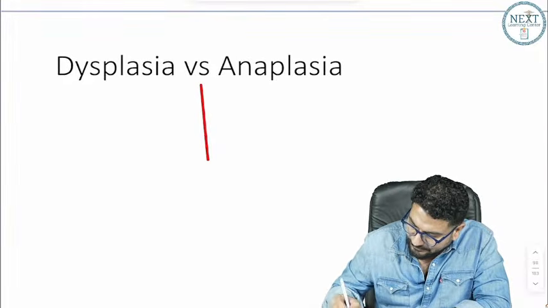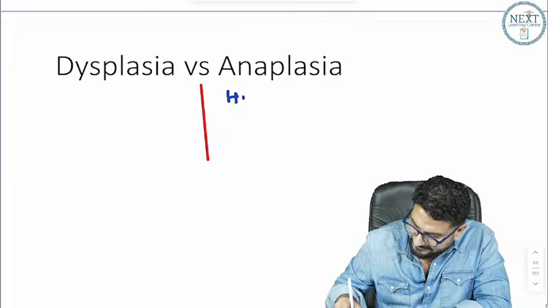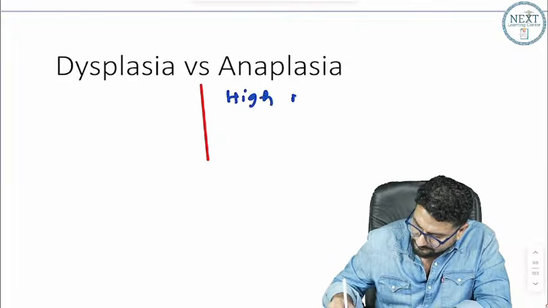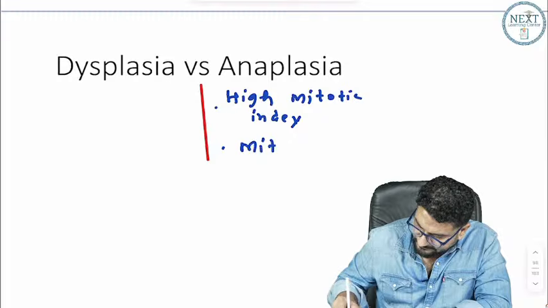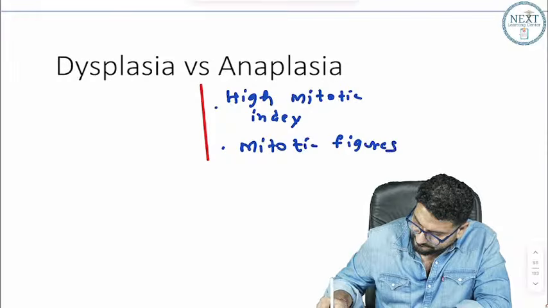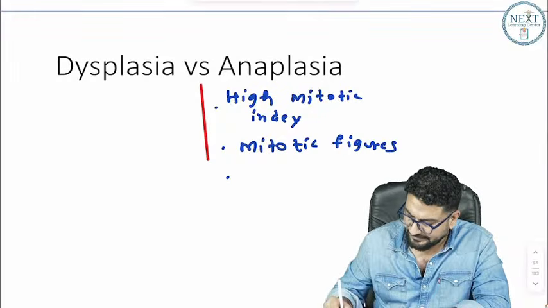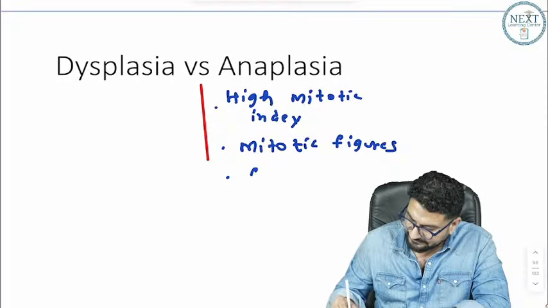In anaplasia, you will find high mitotic index, so we call them mitotic figures. And in anaplasia we can sometimes see giant cells.